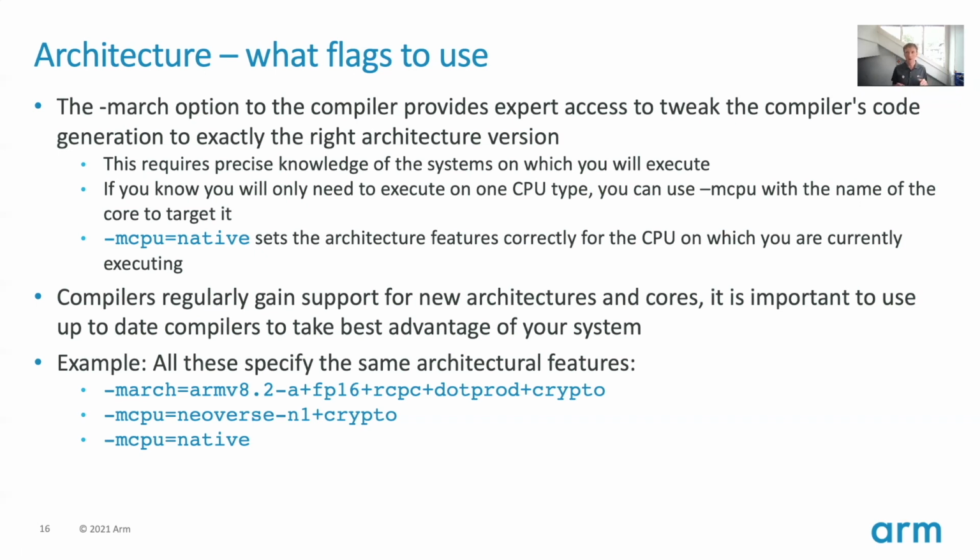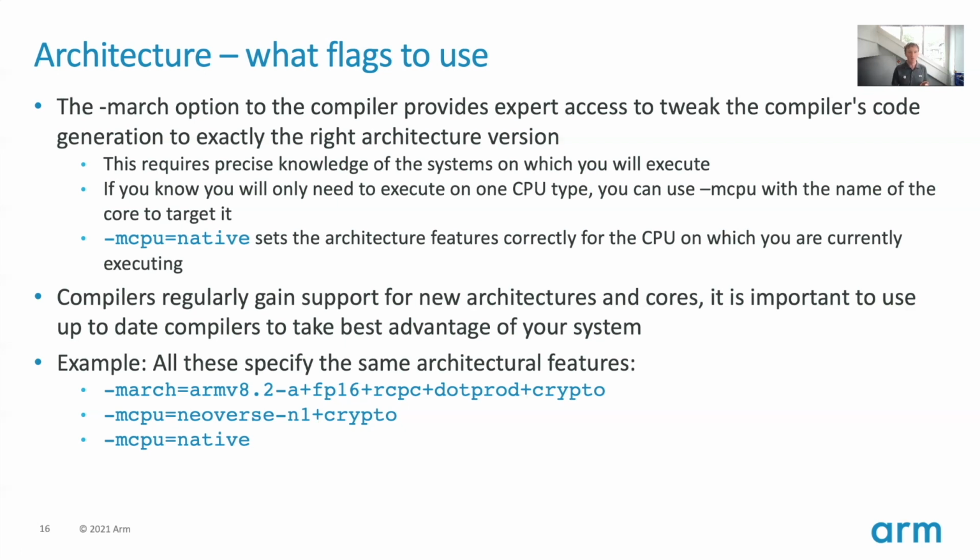Now, that's a mouthful and far too much information for a general user to know. So we make a set of flags that simplify it, and you can specify exactly what CPU you're using, and the compiler knows what that means in terms of the architectural features available to you.